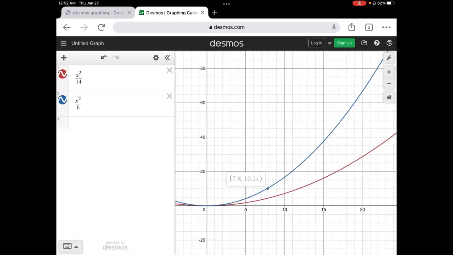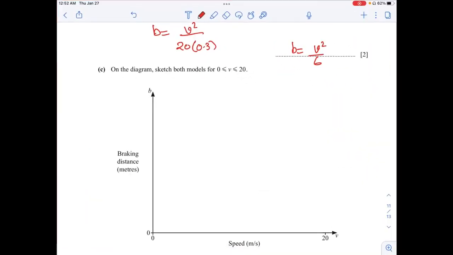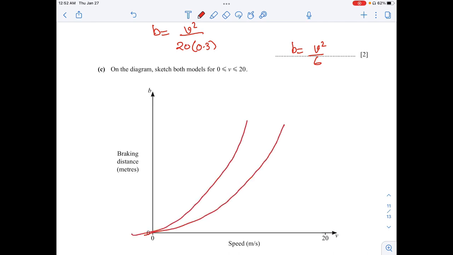You can see that it is a curve. The red one is x squared upon 14 and the blue one is x squared upon 6. So this is B equal to V squared upon 14 and B equal to V squared upon 6.